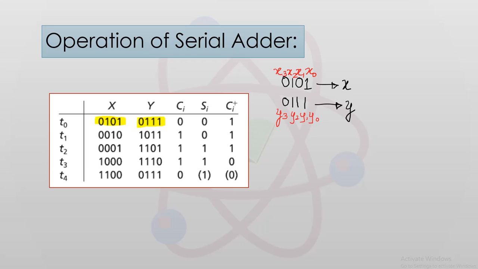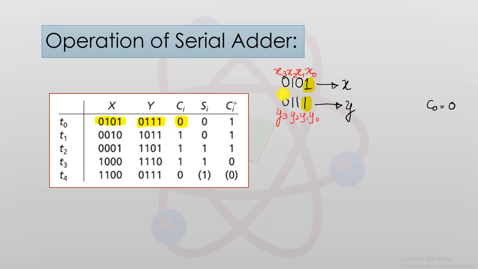So initially I will be adding 1 with 1, that is x0 will be added with y0, and the value of this particular c0, because initially we do not have anything, c0 will be equal to 0. That is why, if you observe from the table, you will see that c0 is equal to 0.